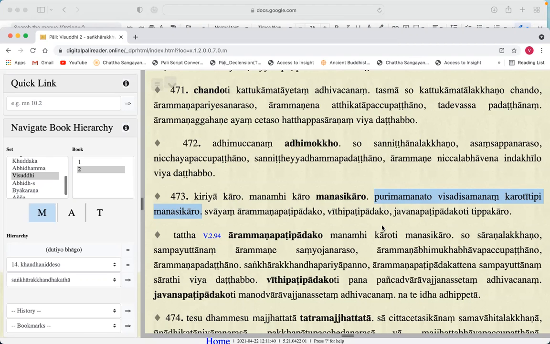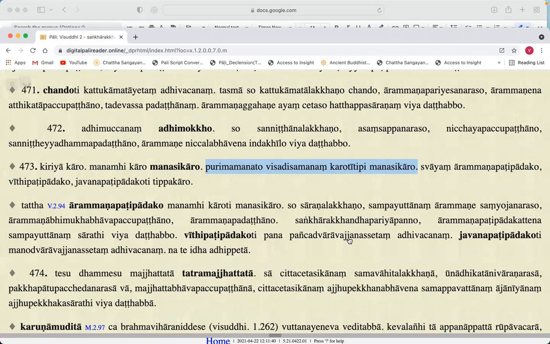Based on that explanation, the author pointed out that it produced another new mind, different from the previous. Aramana Badi Badako, based on the object; Viti Badi Badako, based on the cognitive series; and Jawana Badi Badako, based on the Jawana. So three kinds there.